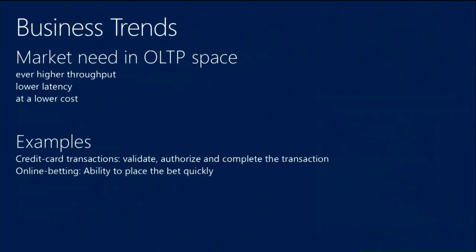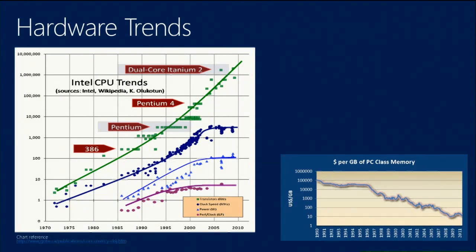So if we look at the business trends that we wanted to address, when you look at the OLTP space, there is an ever higher demand for higher throughput and lower latency, so ever higher performance. You want to process a lot of credit card transactions at the same time. You want to place your bets as quickly as possible, get these stock trades done very fast. And of course, you want to have a low total cost of ownership. These are the key business trends we want to address.